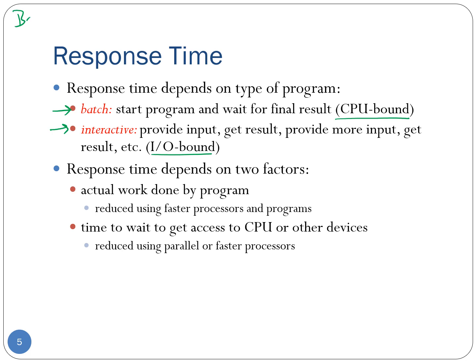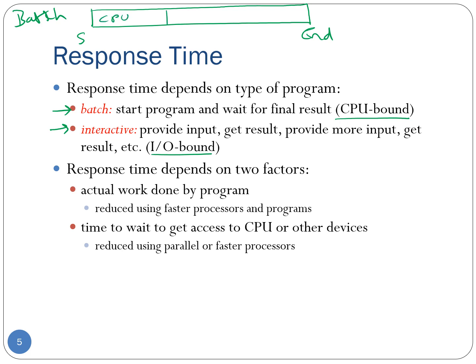If you look at the execution lifetime of a batch program, it would look something like this. Let's say the execution starts here, continues for a while, and ends over here. This is the start, this is the end. During this period, you'll find that the batch program executes on the CPU for a while, then for some time it does a little bit of IO, and then it again executes on the CPU for a while, then maybe it again does a little bit of IO, and then it again executes on the CPU for a while and ends.